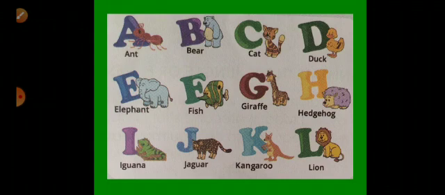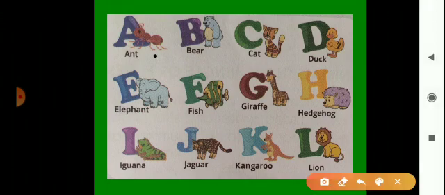Look here: A for ant, B for bear, C for cat, D for duck, E for elephant, F for fish, G for giraffe, H for hedgehog, I for iguana, J for jaguar, K for kangaroo, and L for lion. So many more.